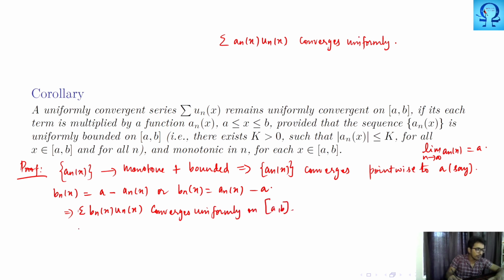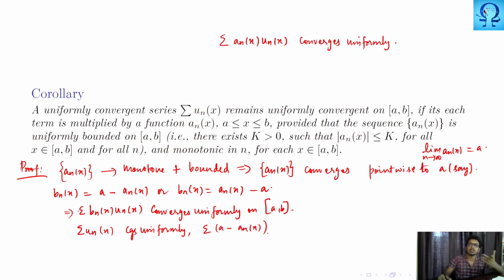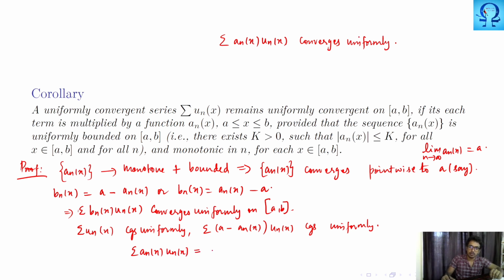So now what do we have? We have summation un of x converges uniformly, and summation Bn of x un of x, without loss of generality, supposing that I have considered this case, converges uniformly. Now what can I do? My summation an of x, un of x can be written as a combination of these things, right?